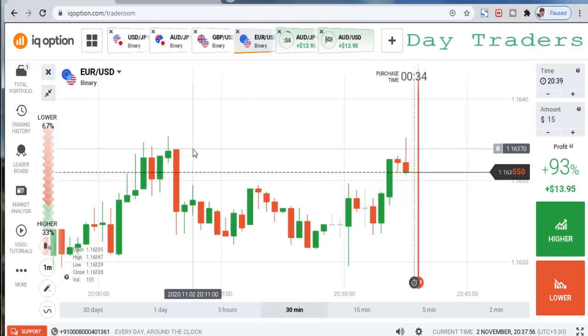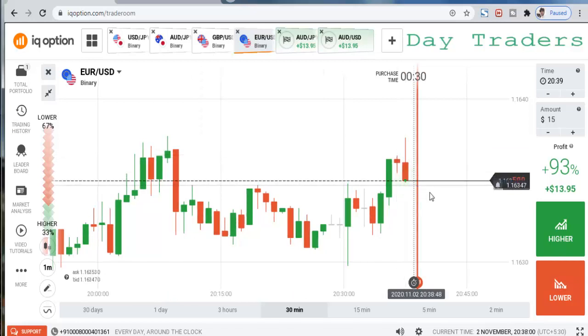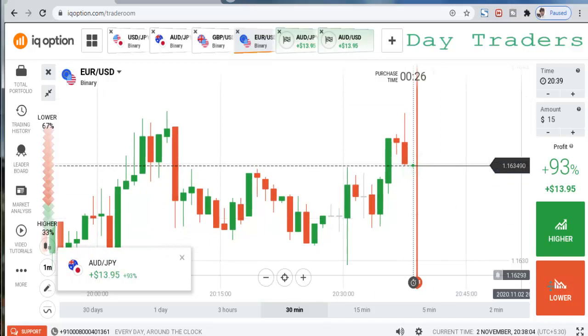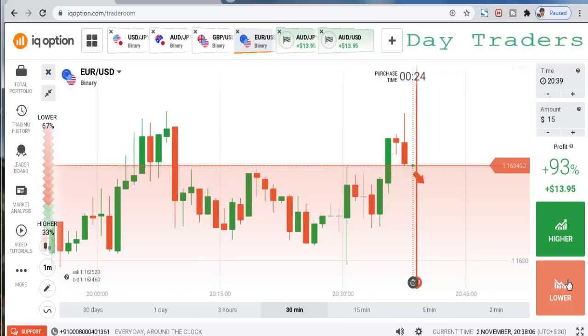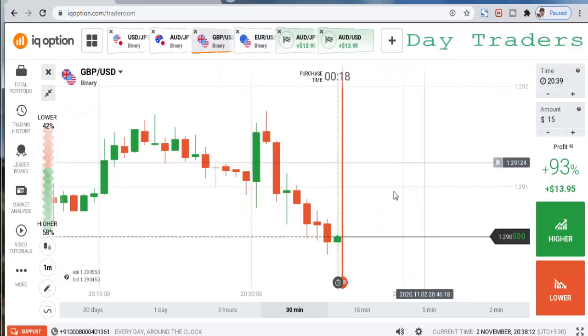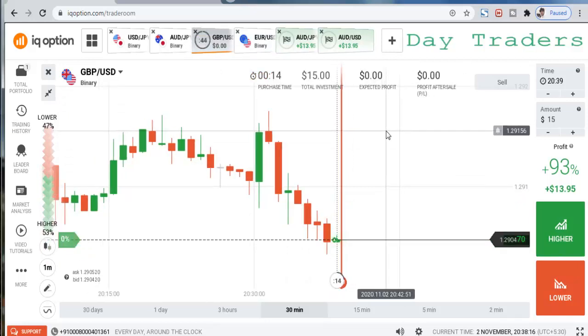This is a resistance level. Some sellers enter very strongly. But I am not confident in this trade. Okay, I'll place a higher option.